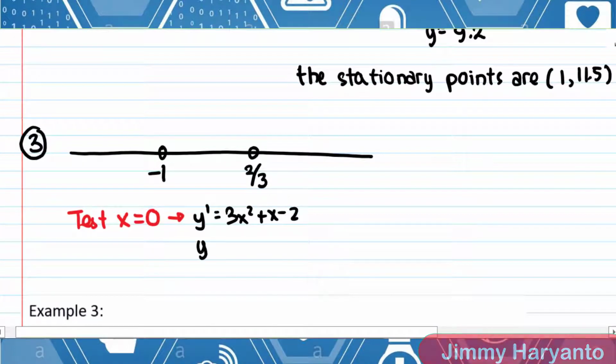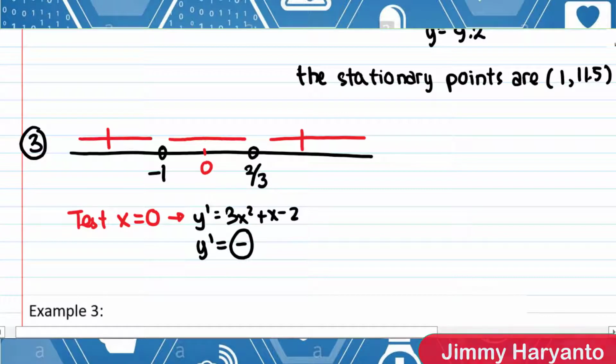So for x equals 0, the value will be -2, and we don't need the 2, we only need the sign. So for x equals 0, it's right here, the value is negative, and then for this one it will change into positive, and for this one also positive.